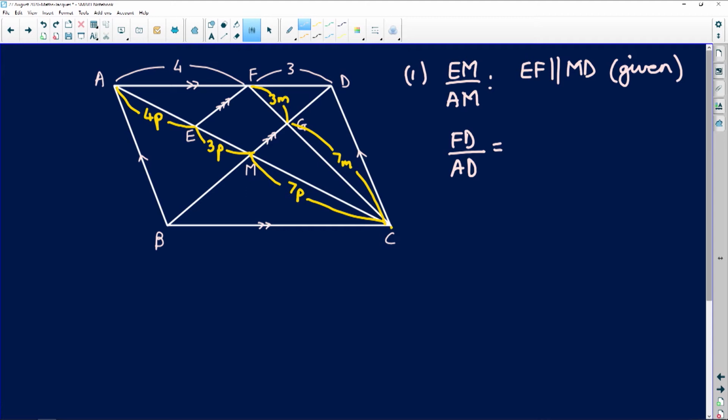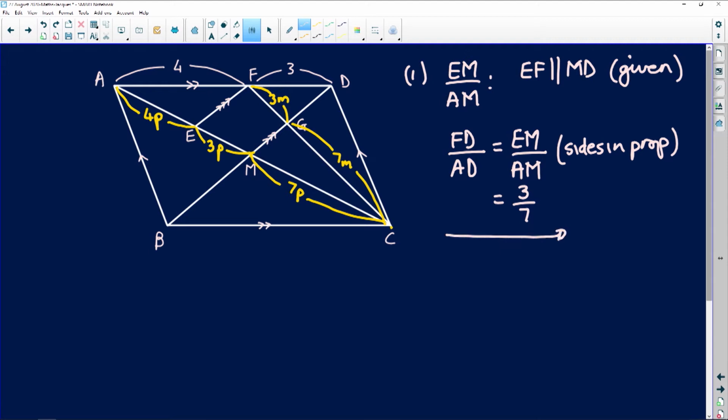But it's equal to EM over AM, and the reason for that is the sides are in proportion. And both of those will then be equal to 3 over 7. So we have our first question answered: EM over AM is indeed 3 over 7.